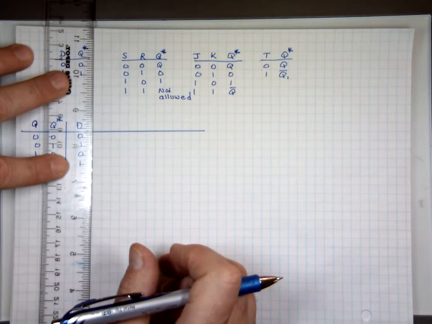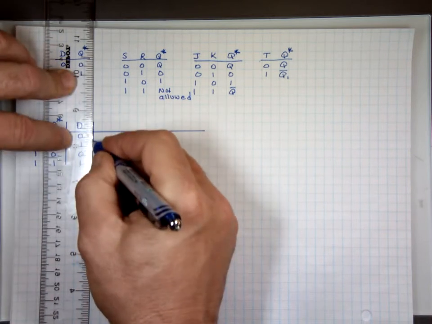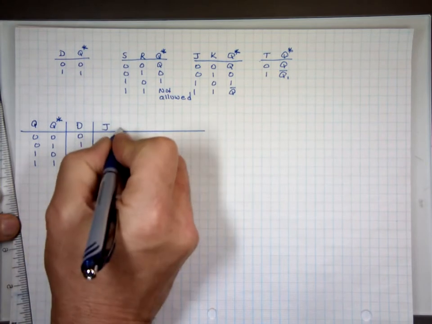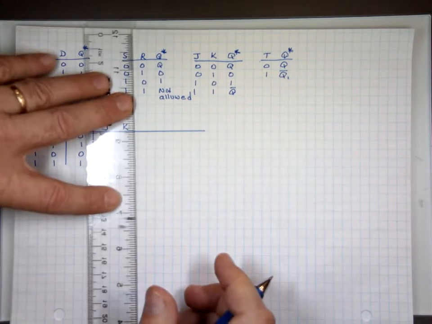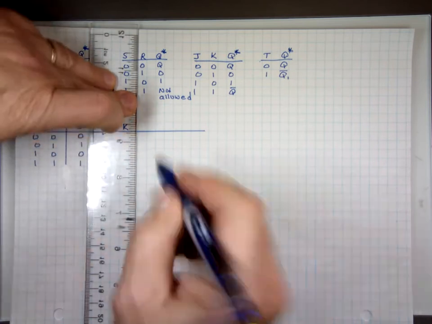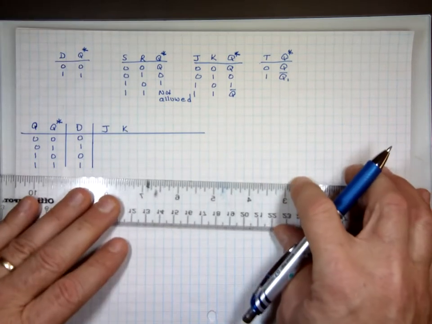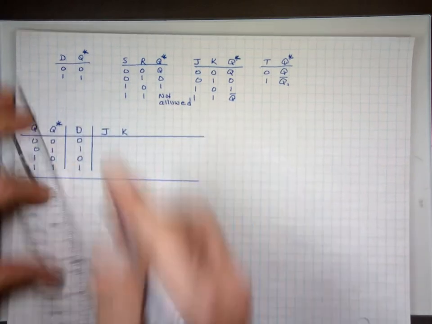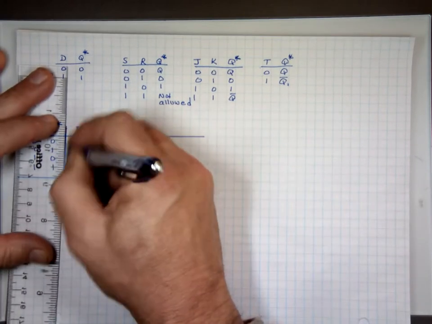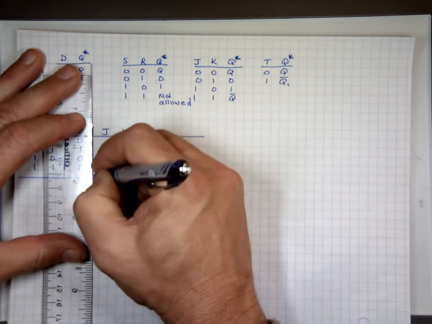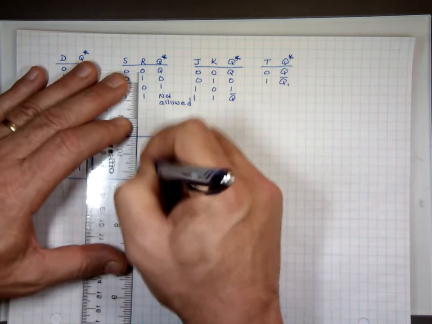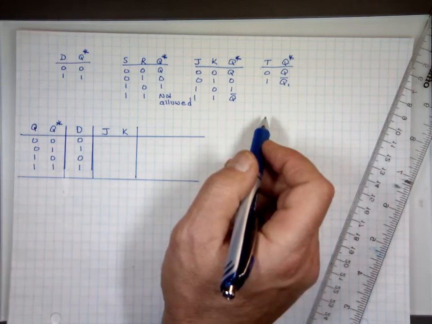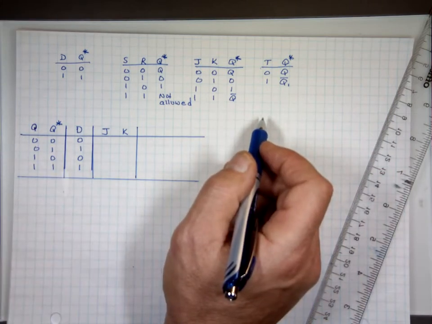Let's do the J and K. This is J, and this is K. Let's see what J and K should be. From 0 to 0. Well, that's the same, right?